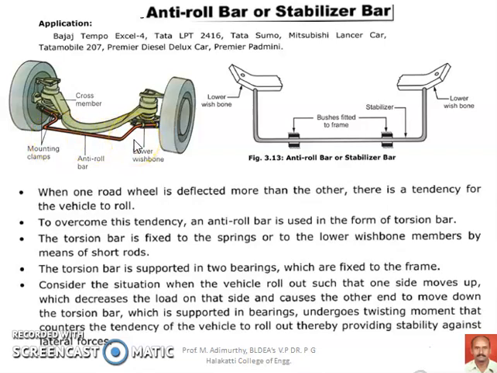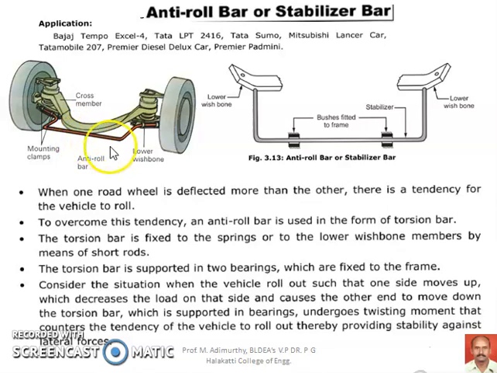So by providing this anti-roll bar, stabilizer bar or sway bar, there is the chance of avoiding the rolling of the vehicle during hard cornering or due to road irregularities.